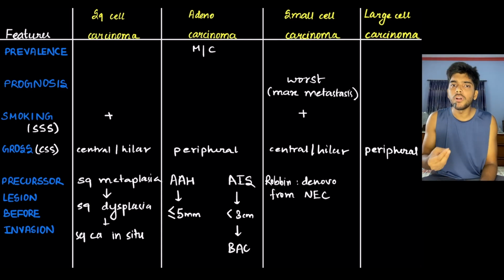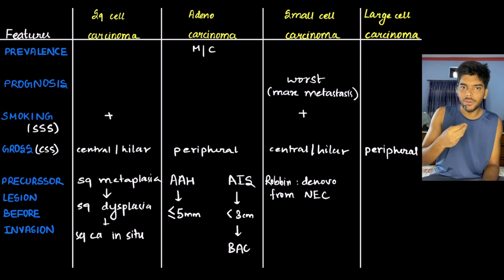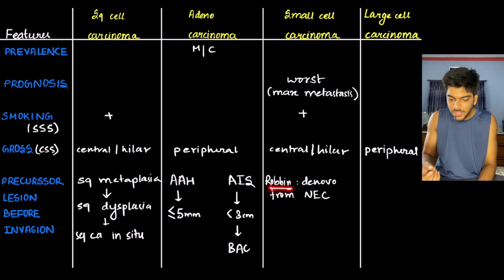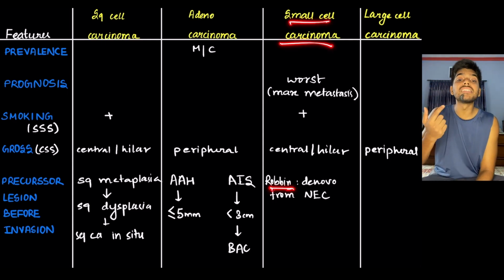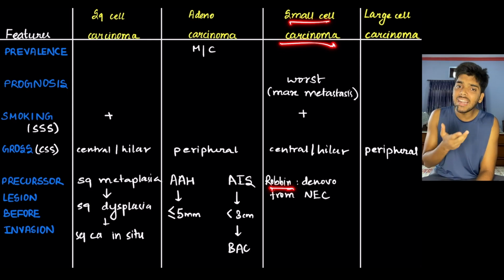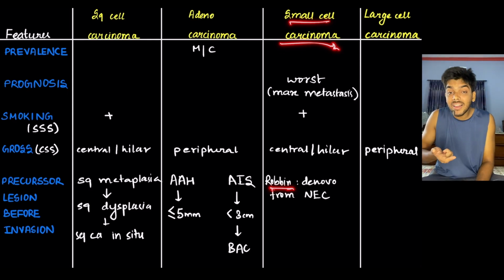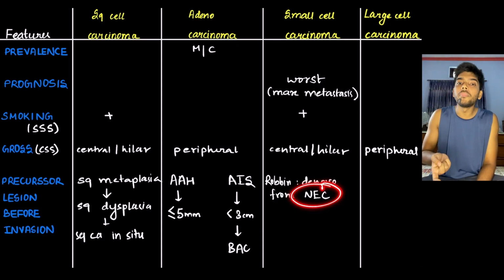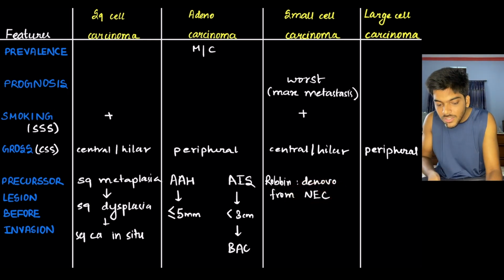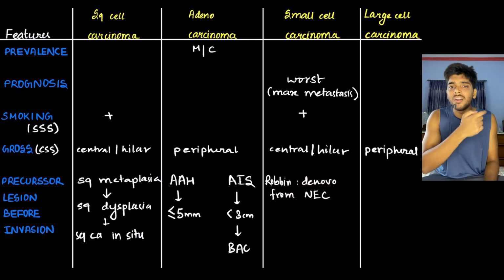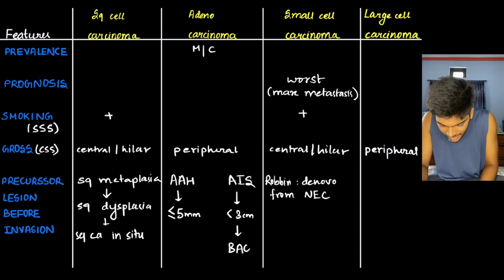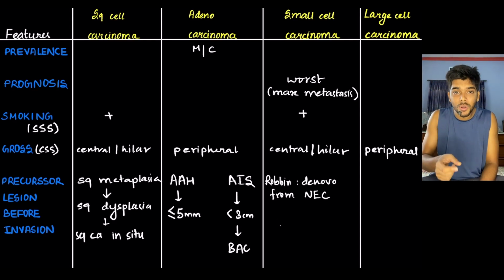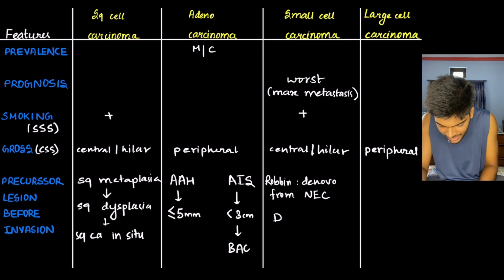Neuroendocrine tumors are nothing but tumors that arise from neuroendocrine cells. So according to Robbins, small cell carcinoma is a neuroendocrine tumor that has no precursor lesion, and it arises directly, all of a sudden, from neuroendocrine cells present in your respiratory epithelium. But some studies, and even Robbins under etiological factors, mention a precursor lesion for small cell carcinoma, and that is DIPNECH.